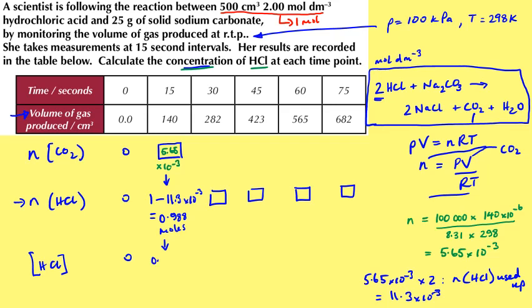So we've got 0.988 moles divided by the volume, and the volume is 500 cm cubed from the question. But of course, dm cubed is the unit of concentration, so we have to convert that 500 into dm cubed by dividing it by 1000, and so that would equal 1.98 moles per dm cubed.